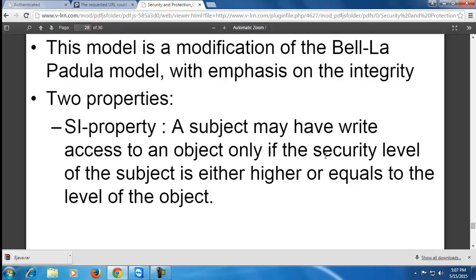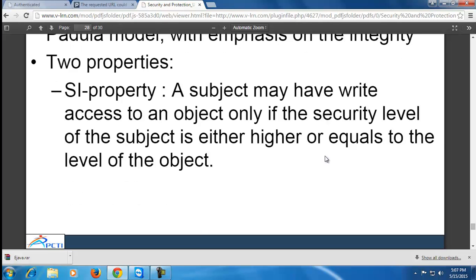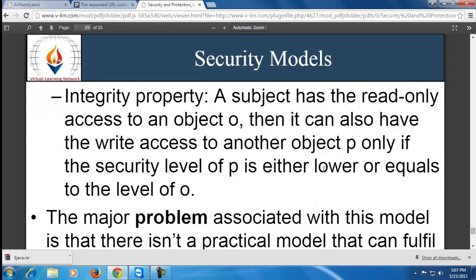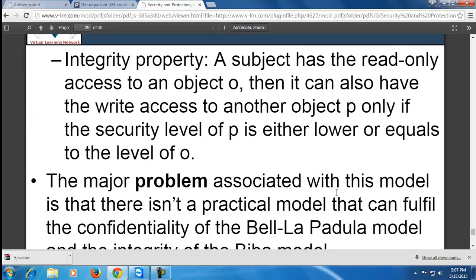Next is the integrity property: if a subject has read-only access to an object O, then it can also have write access to another object P only if the security level of P is either lower than or equal to the level of O. It can do one at a time.